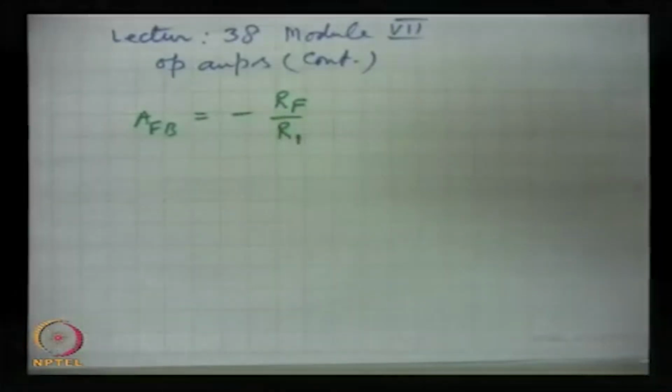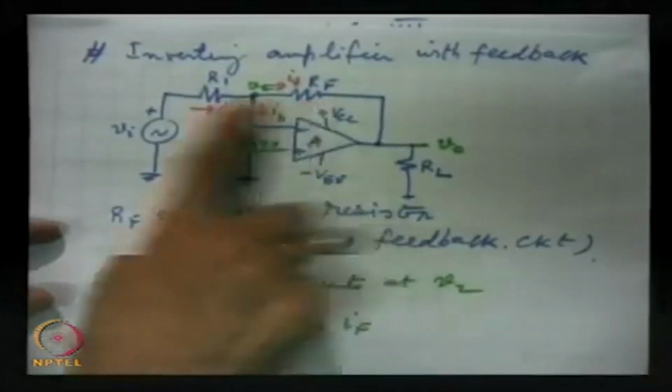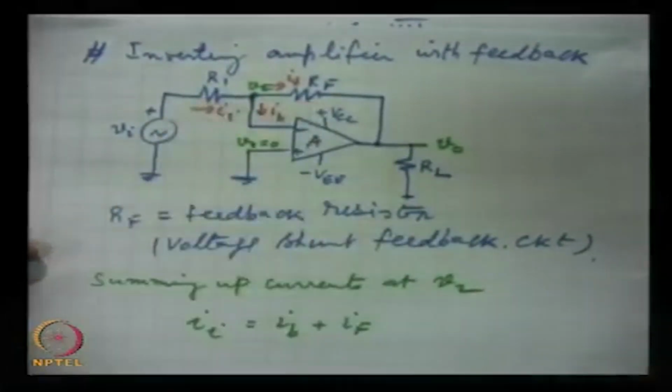That is the ratio of these two resistances Rf and R1 that gives the voltage gain. We can choose these resistances in the kilo ohm range to get a particular ratio, and that will be the gain. This was the point which we discussed.